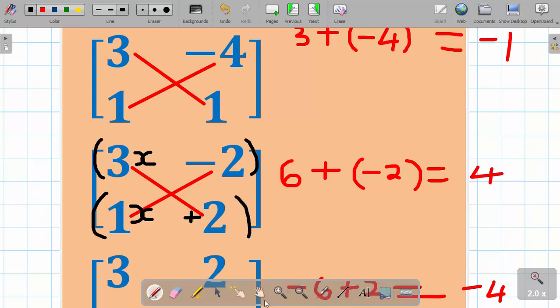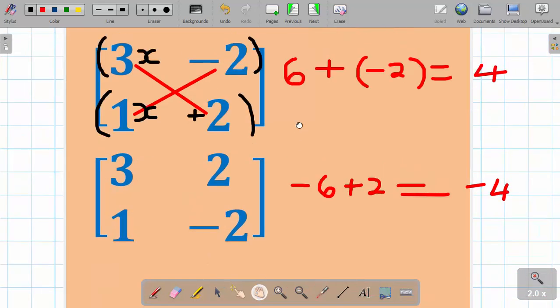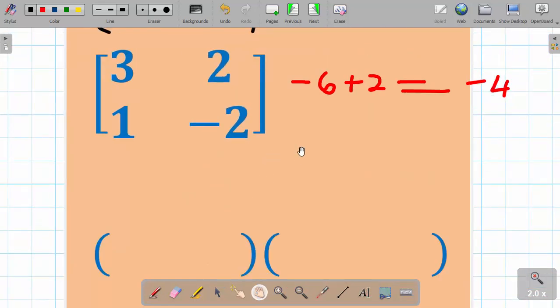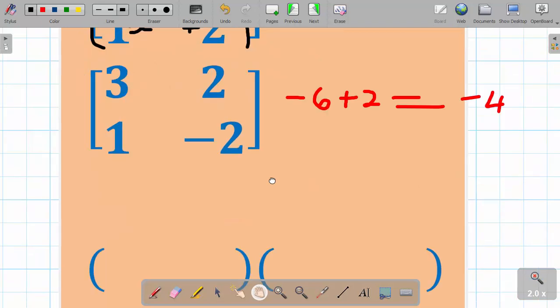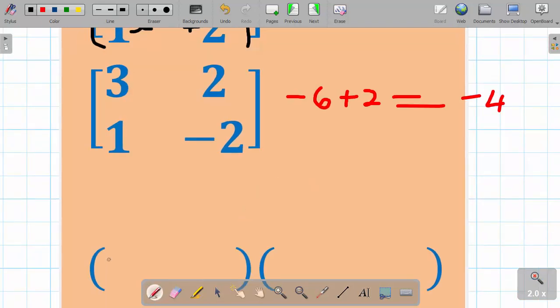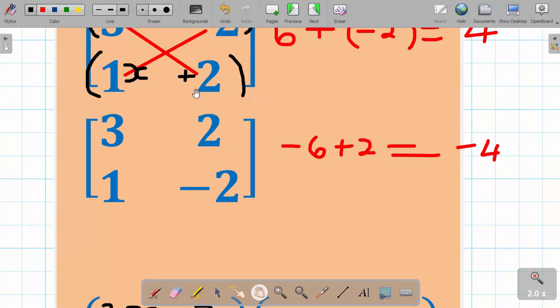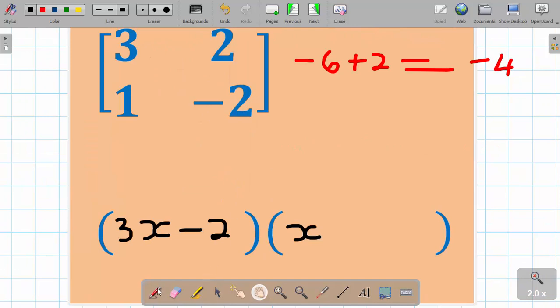So my answer for this question is going to be 3x minus 2 multiplied by 1x, or you can say x, plus 2.